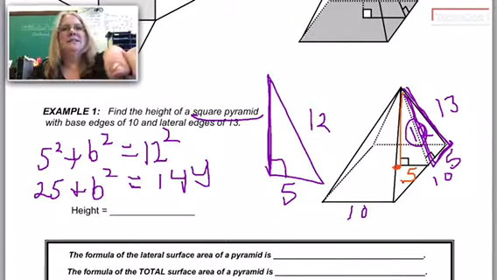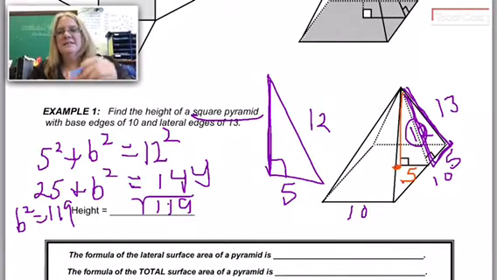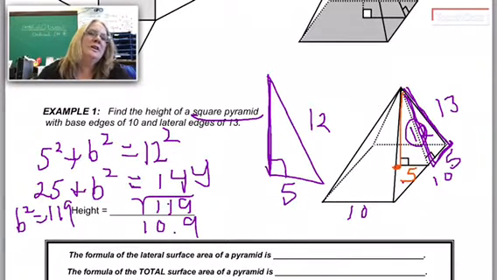And we get 119. So we can say that b squared is equal to 119 and b is equal to the square root of 119. That's a fine answer, or if you would like a decimal, it would be 10.9. Okay, so we have two different triangles that we can find inside that pyramid.